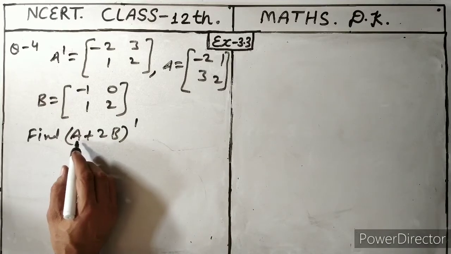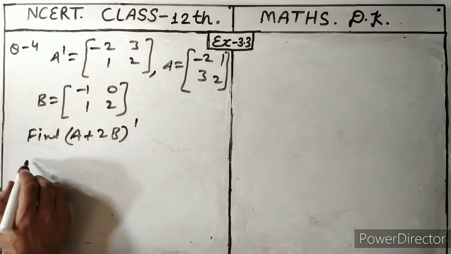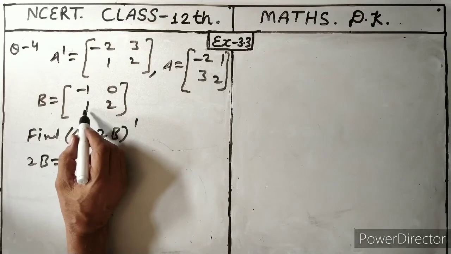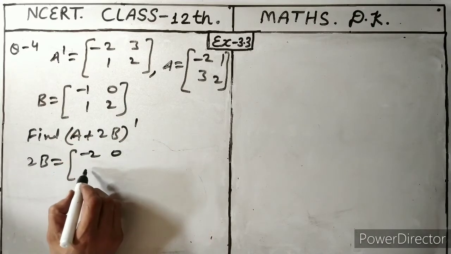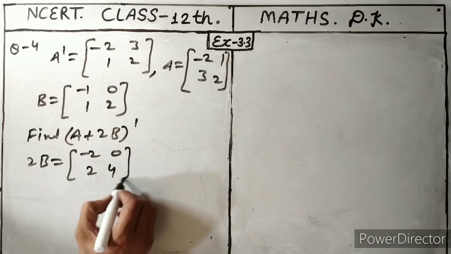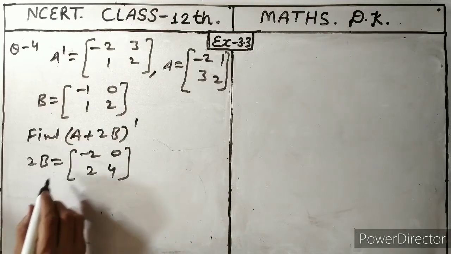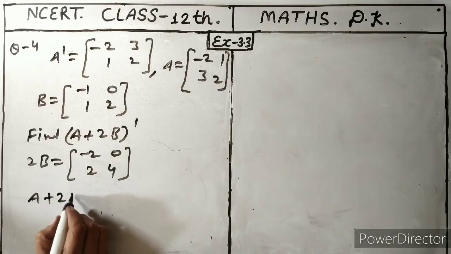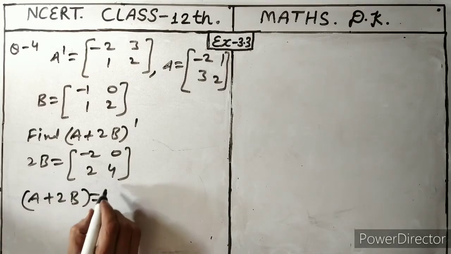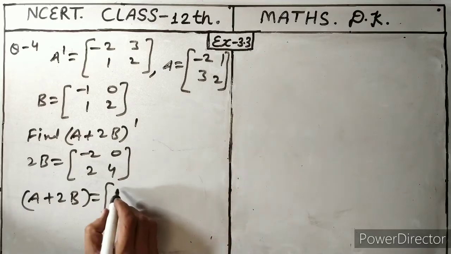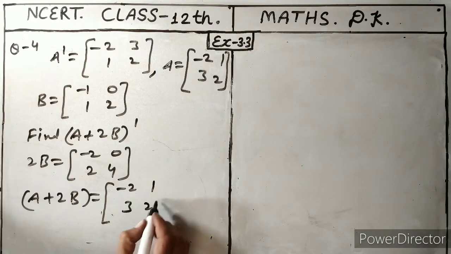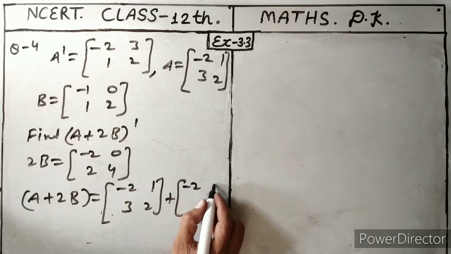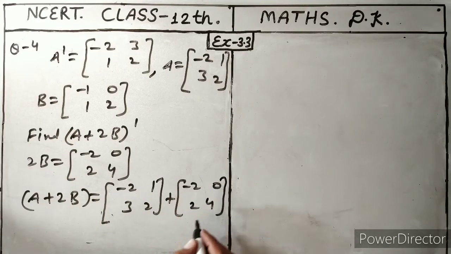In this A plus 2B, we find out 2B. 2B is, we multiply the B matrix by 2. Then -2 0 2 4. This is 2B. And we find out A plus 2B and its transpose. Now first A plus 2B: here is the A matrix -2 1 3 2 and the 2B matrix, this is 2B -2 0 2 4.